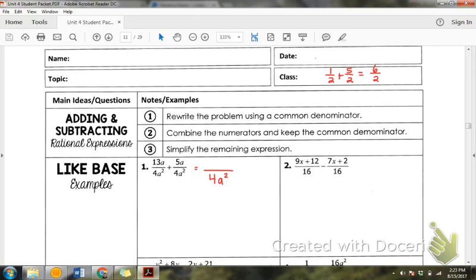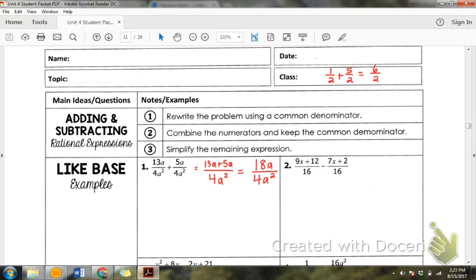Oh, right. Okay. I'm fine with that. So then in the numerator, we're going to add 13a plus 5a. Please write this step down. I know it seems silly, but what's coming up is going to help us here. Okay? So 13a plus 5a gives me 18a over 4a squared.